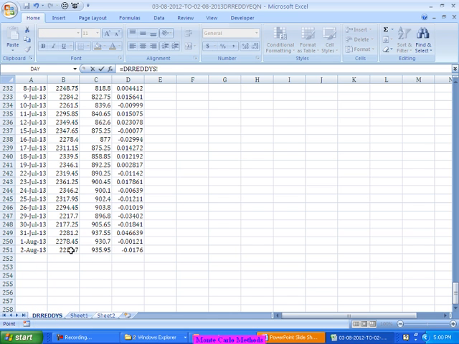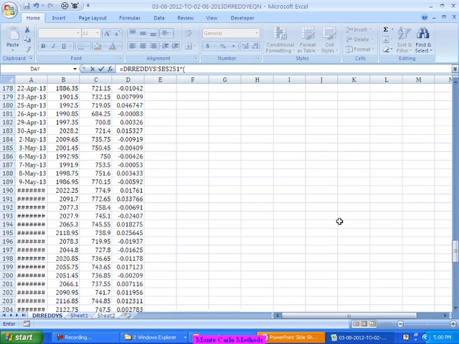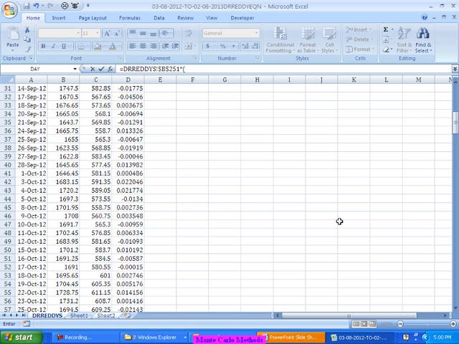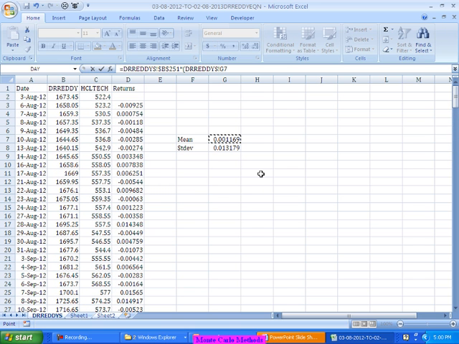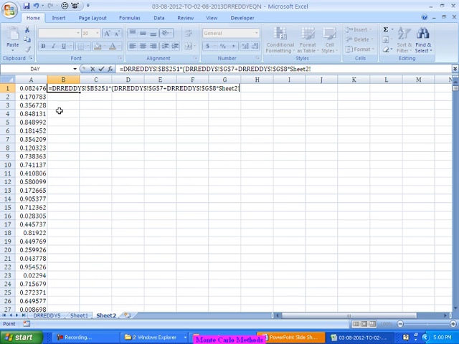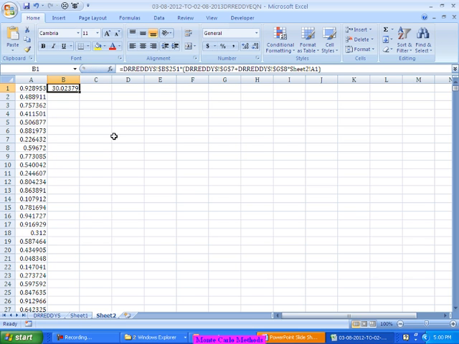ST equals ST minus 1, the last day's price, into the mean, plus standard deviation into the random value, into root 1. Root 1 anyhow is 1 itself. So what it is giving me is the change.